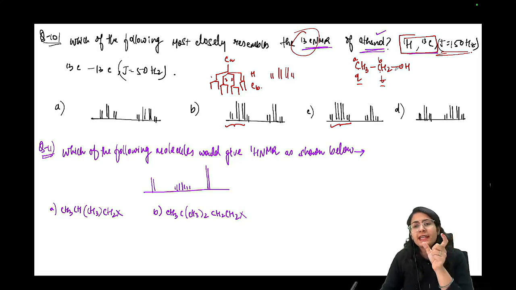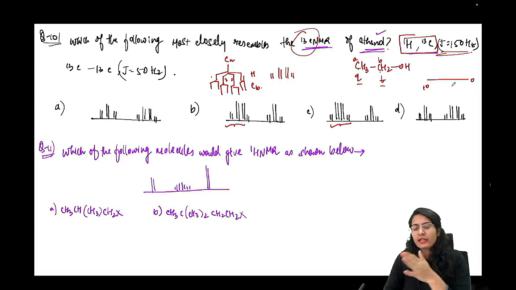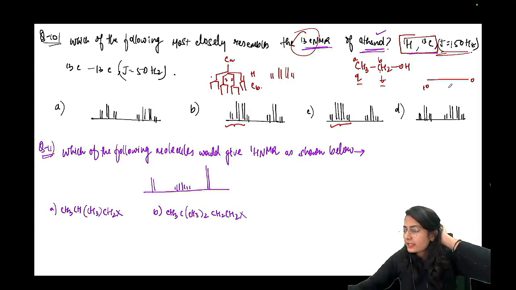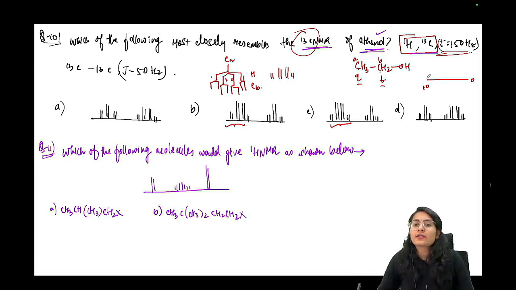But on a scale from 0 to whatever, 10, 12, 13, the scale goes in reverse, right? Okay? Yes. So on a scale of 0 to 10, which is more de-shielded, a CH2 or a CH3? That also you have to understand, no? And how will this CH2 be?